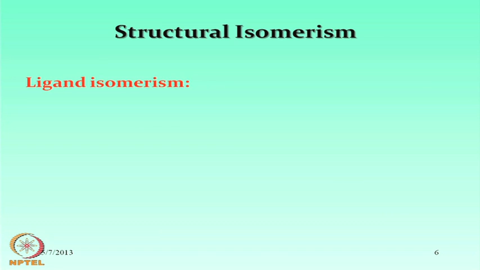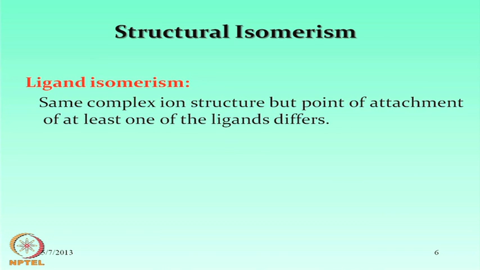So, the next case we can see is ligand isomerism, where the same complex has the same structure, but the point of attachment of at least one of the ligands is different. If it differs in connectivity, like our nitrate and nitrite binding, we get the corresponding ligand isomerism due to the different binding.